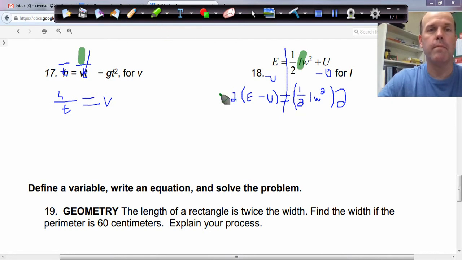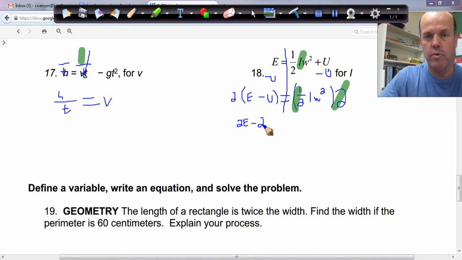Alright. So my 1/2 and my 2 cancel. So I'm going to get 2 times e, or 2e, minus 2 times u, or 2u, distributive property there, equals L w squared. So now to get rid of the w squared, I just have to divide by w squared.